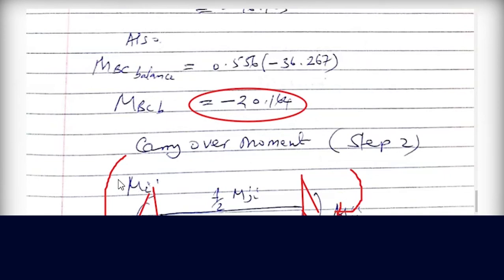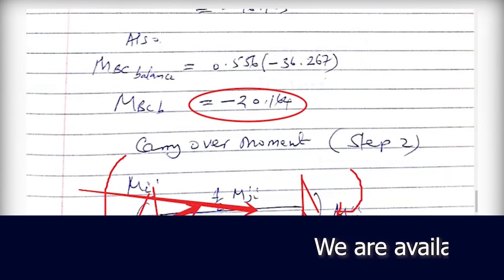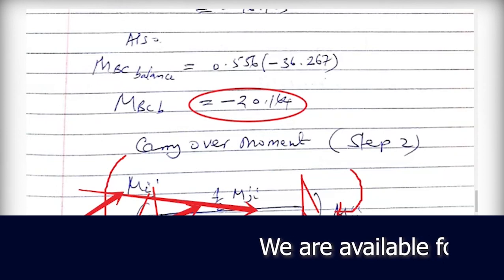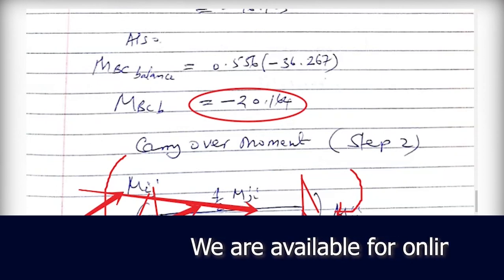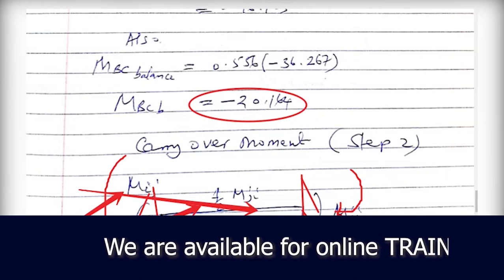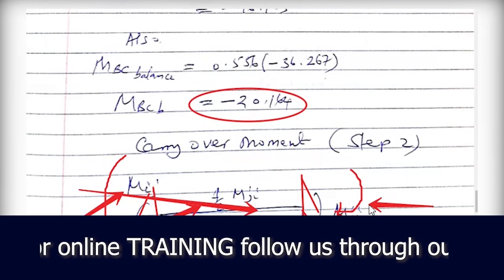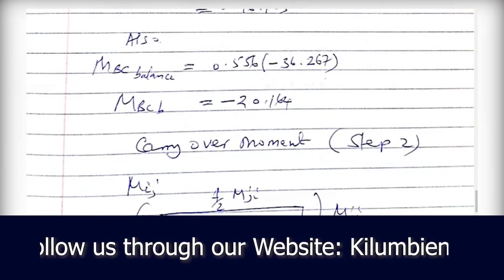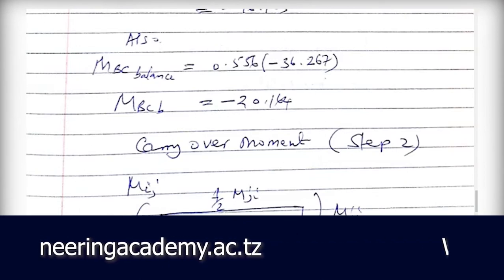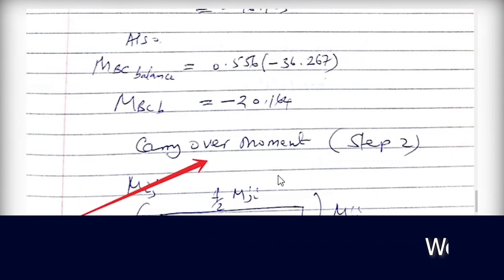Now for this moment from the left to be carried to the right, it should be half of the moment from this side. The same way, if you want to carry the moment from right to left, it should be half of the moment from the right one. Upon that theory, which is called the carryover moment, this is the second step on distribution.